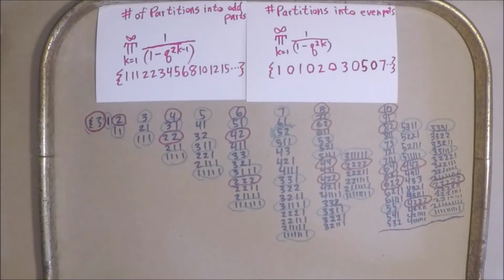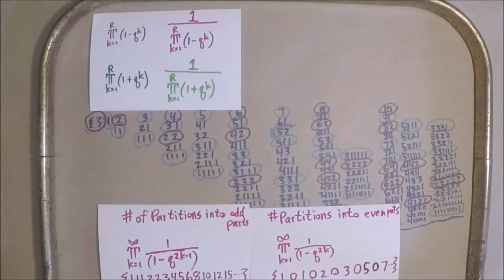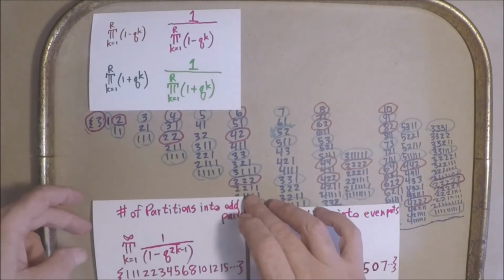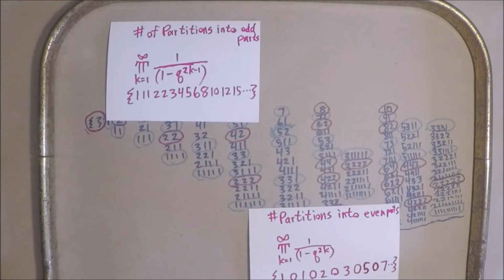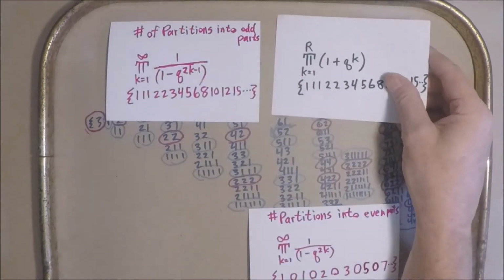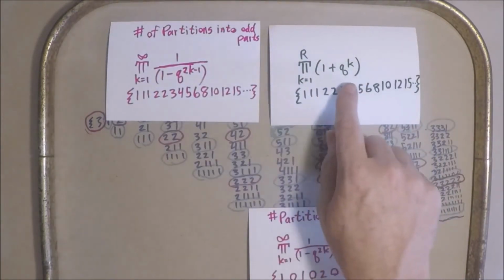But for now, we're just going to carry on with what Euler and others proved a couple hundred years ago. The first statement of which is that the number of partitions into odd parts is equivalent to this.